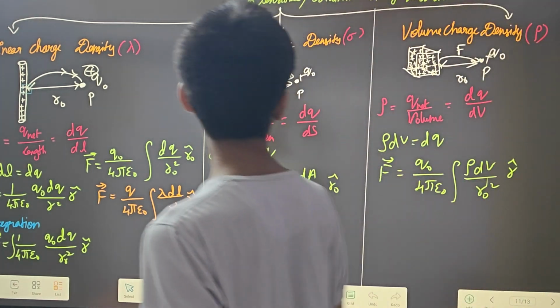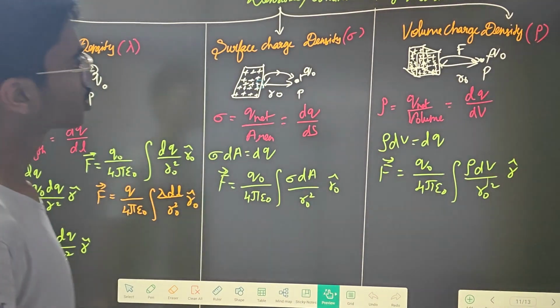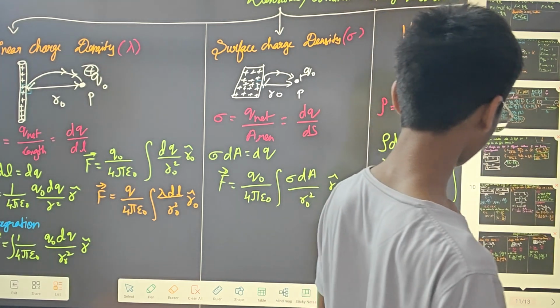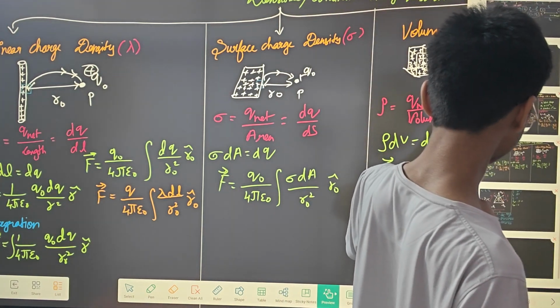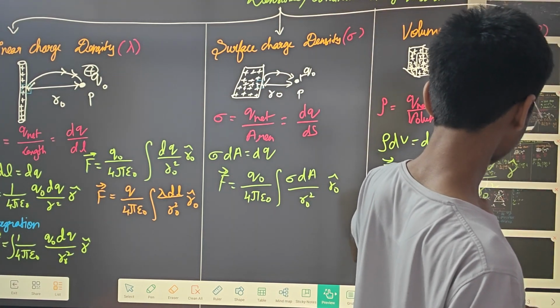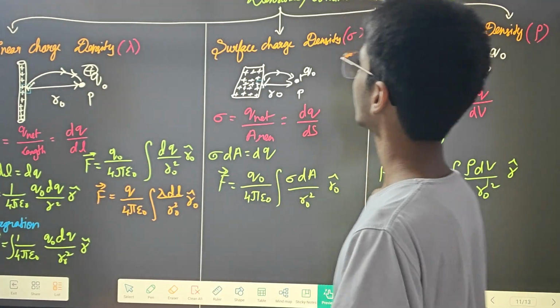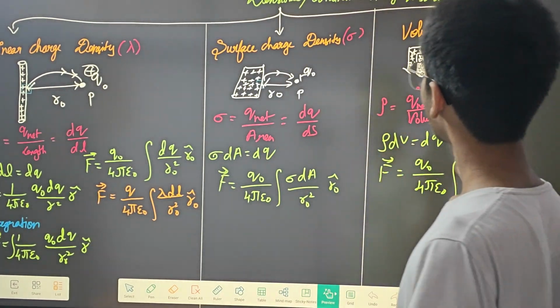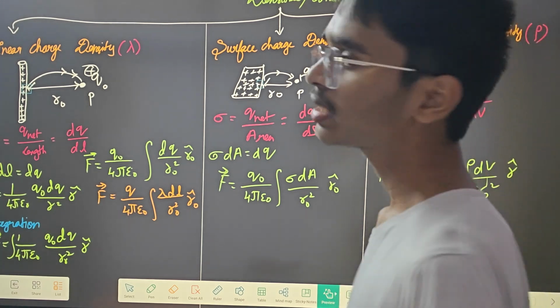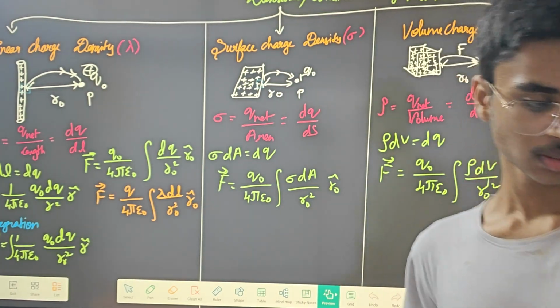So now, charge densities, or continuous charge distribution. Density is actually of three different types.